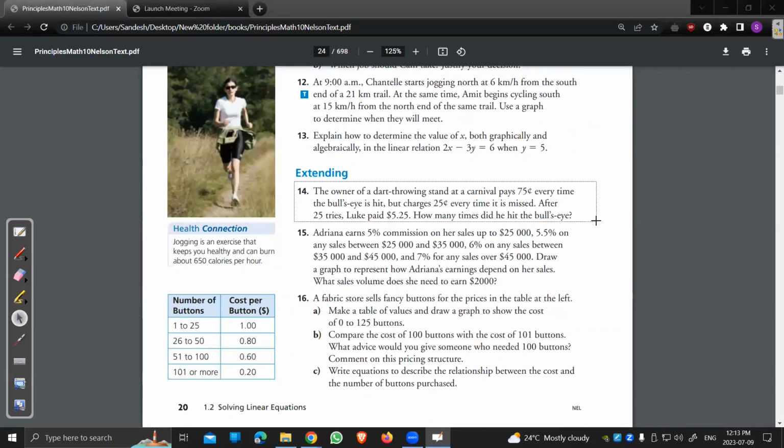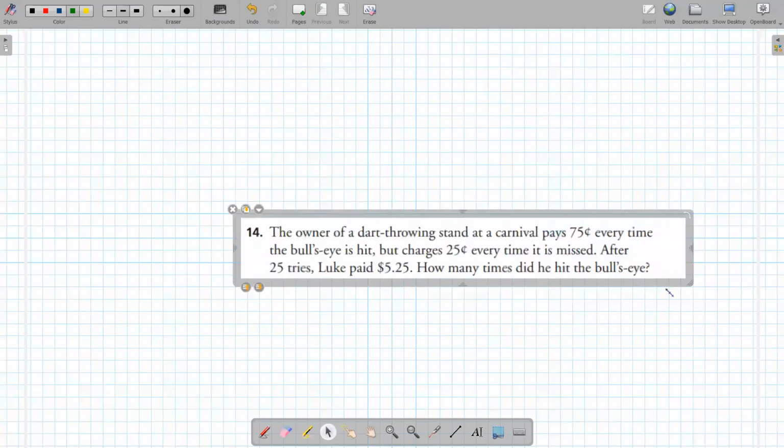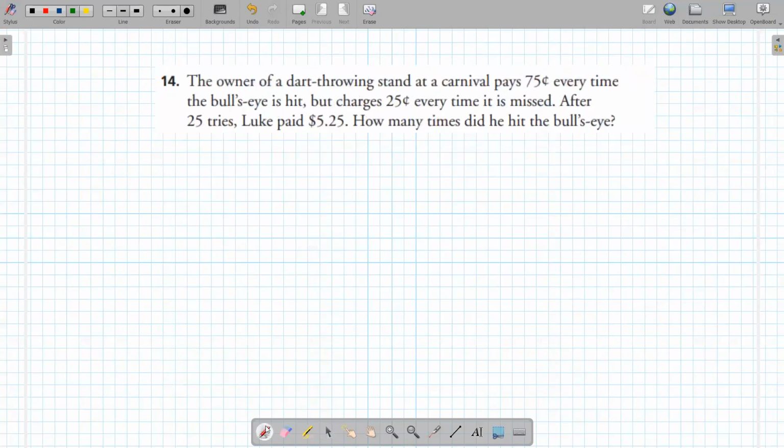Let's look at this. The owner of a throwing stand pays 75 cents every time the bullseye is hit, but charges 25 cents every time it is missed.